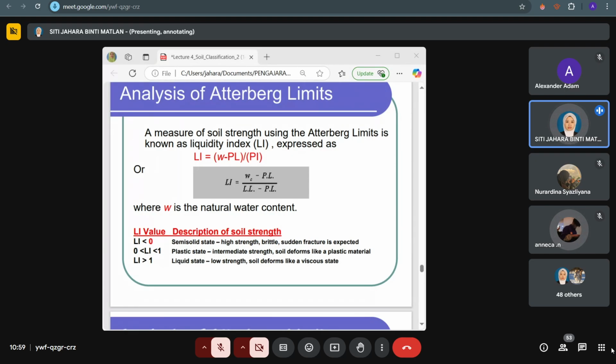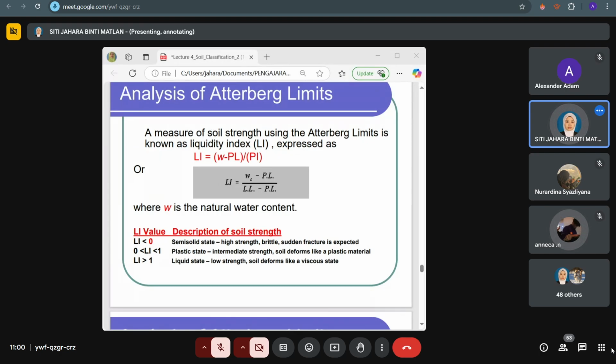So this is the basic formula: LI equals W, the natural moisture content, minus PL, the plastic limit, divided by LL, liquid limit, minus plastic limit. So the value of LI, the liquidity index, can be used to describe the soil strength, as you can see here.